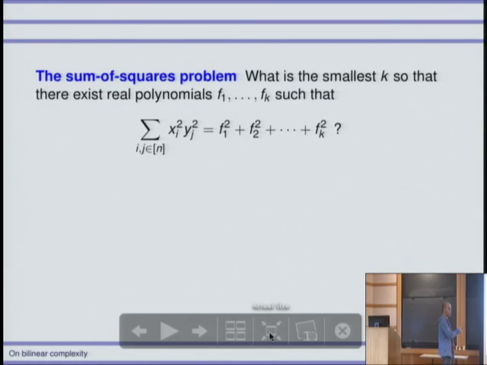So the polynomial is a sum of n squared squares, and the question is how many polynomials f1 through fk do you need so that the polynomial can be expressed as the sum of their squares. I will be referring to this polynomial, which will appear in this talk quite often, as the sum of squares polynomial.